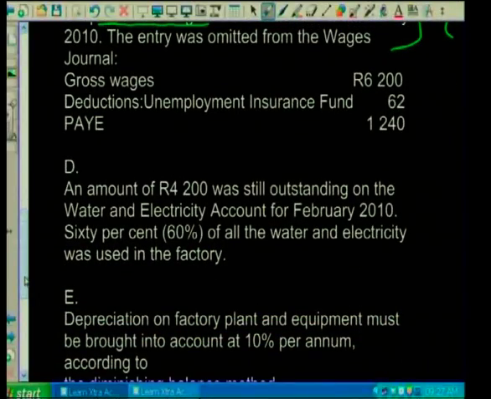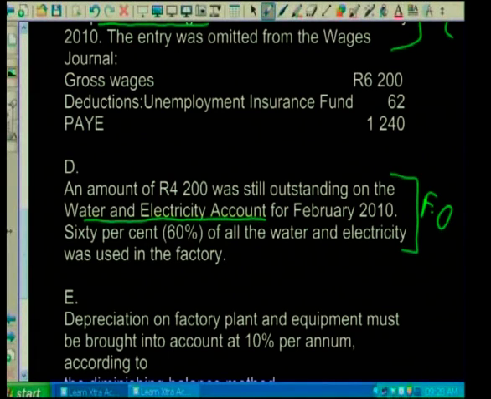Adjustment D, an amount of 4,200 Rand was still outstanding on the water and electricity account. We spoke about this in the intro itself. Water and electricity will be an indirect cost relating to the factory, and all other costs relating to the factory goes into my factory overheads or manufacturing overheads.